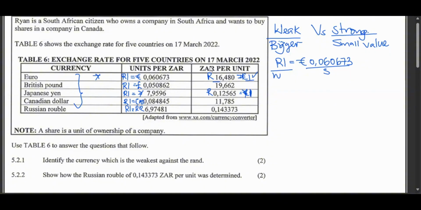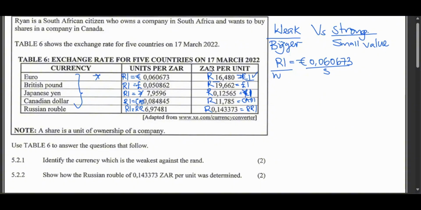Then another one we should look at, these are rands for the Russian ruble, only 1. You see that? For only 1 pound, and for 1 Canadian dollar.